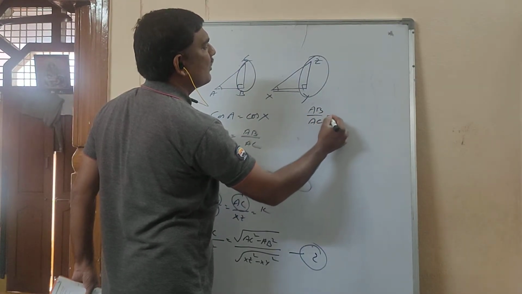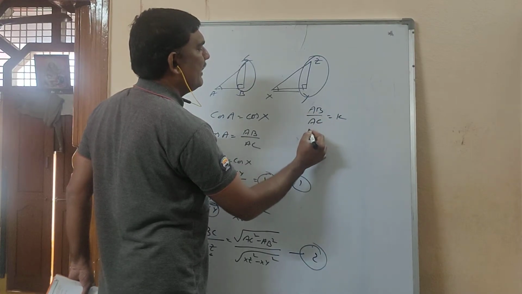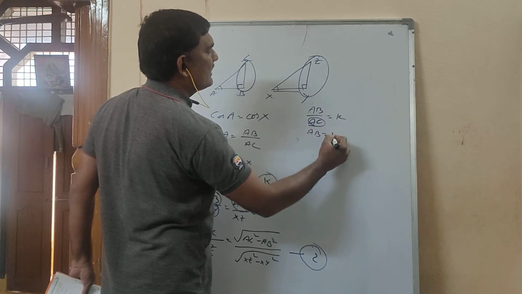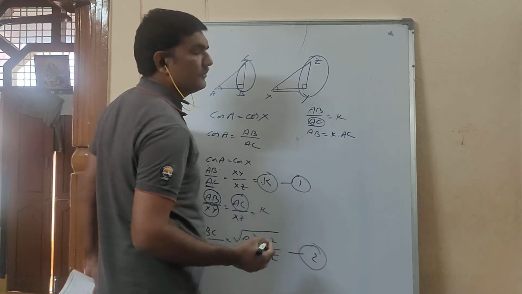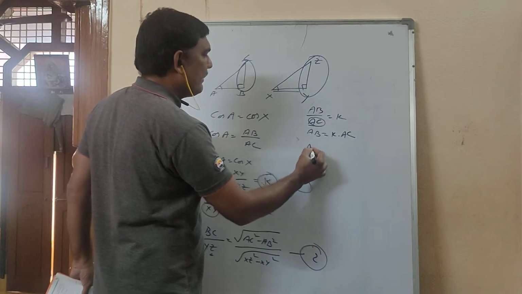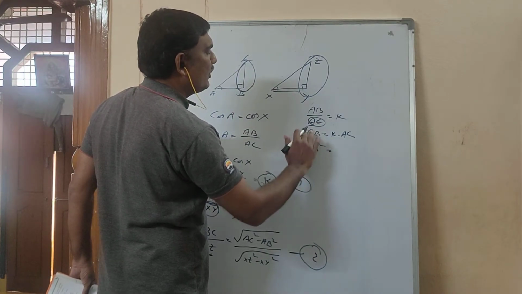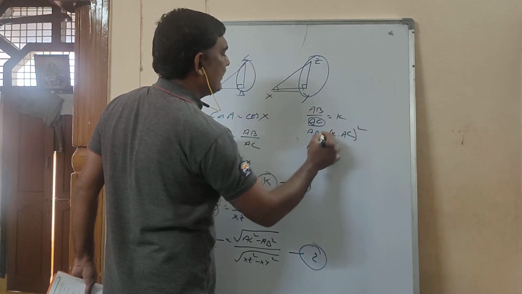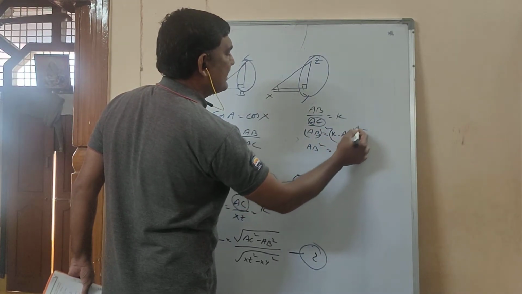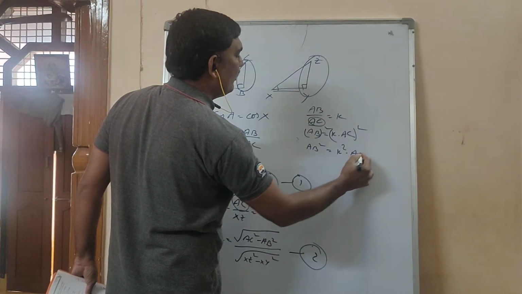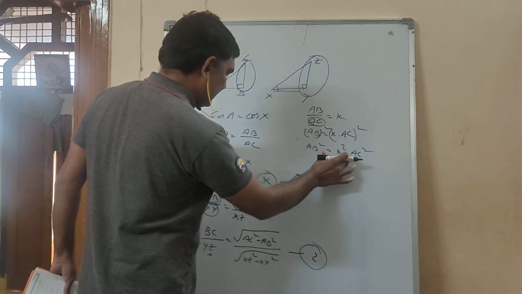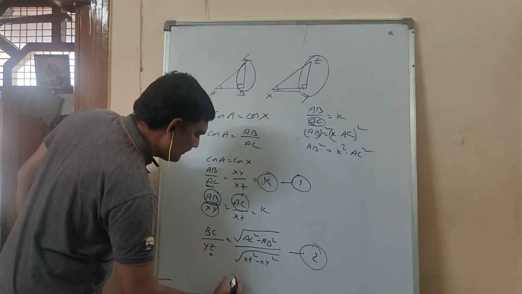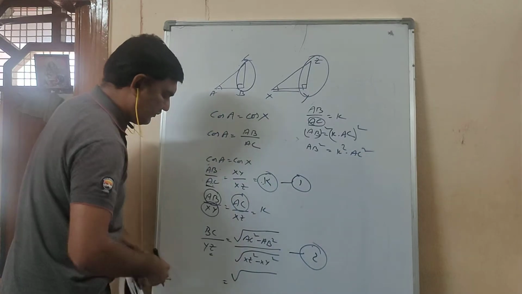I am making AB the subject. Then this AC will go to the right side and it will multiply, k into AC. So if I take square on both sides, it becomes AB square is equal to k AC whole square, which means k square into AC square. This I want to substitute in place of AB square. So what I am doing is under root same.